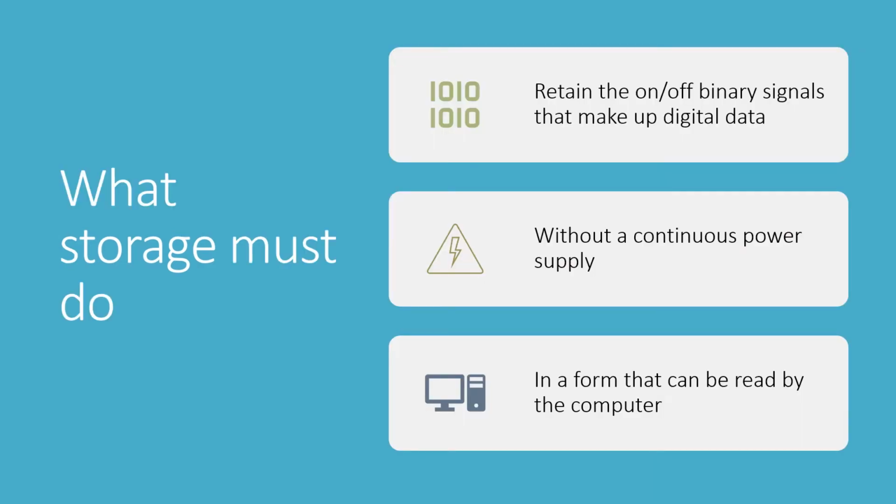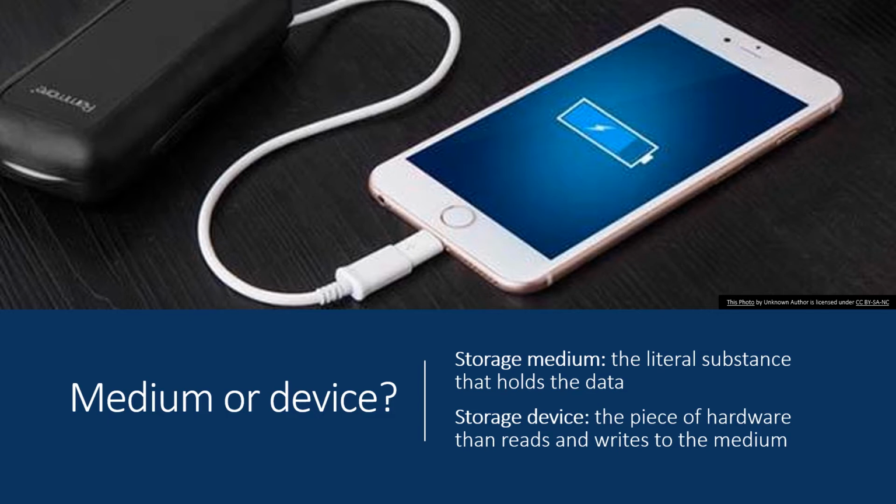So storage must retain the on-off digital binary signals that make up computer data in a form that can be read by the computer processor, but in a form which does not require a constant electrical supply. In order to clarify, let's make it clear what the difference between a storage medium and a storage device is.